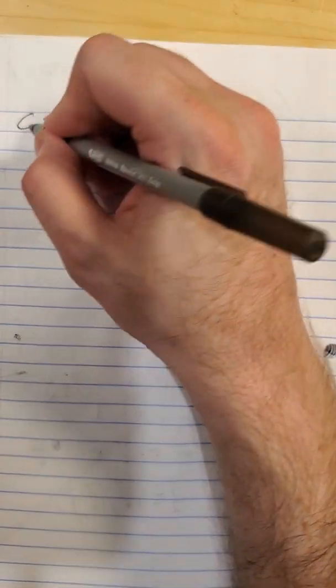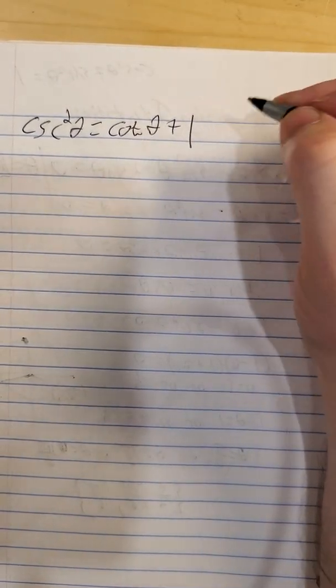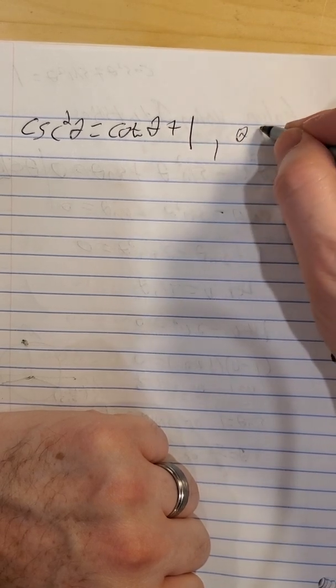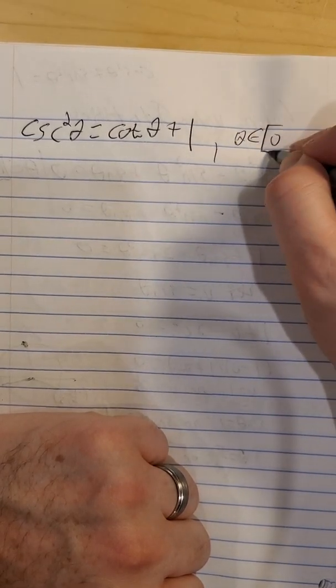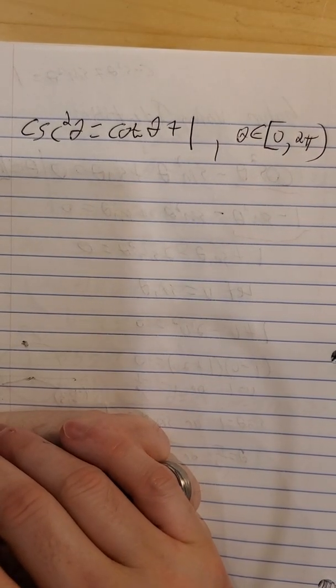Alright, so our next at-bat, we'll try cosecant squared theta is cotangent of theta plus 1. We'll solve this one the same as last one on 0 to 2 pi. This time I'll remember to tell you that at the start of the problem though.